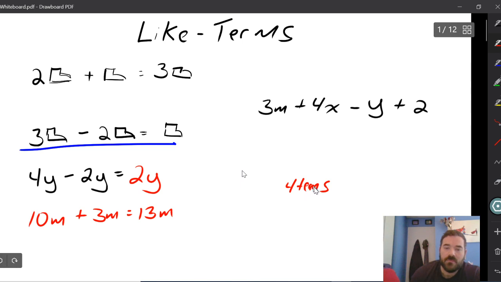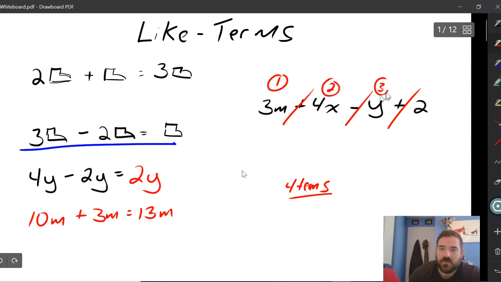A term is separated by either addition or subtraction. So it's a set of constants and variables that are either being multiplied or divided together that are separated by addition or subtraction. So every time I see an addition or a subtraction symbol, I'm separating terms. So this is term 1, this is term 2, this is term 3, and this is term 4.